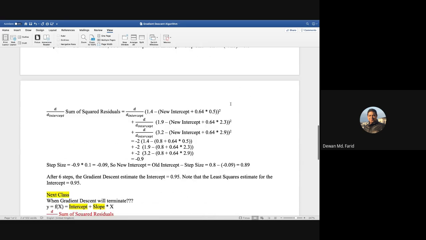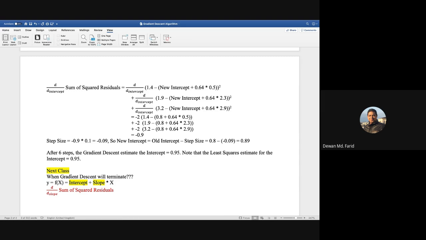After doing 6 steps, we find the value for W0 is basically 0.95, and this is the minimum value. This tells us the minimum point for W0. Is it clear? Yes, sir.